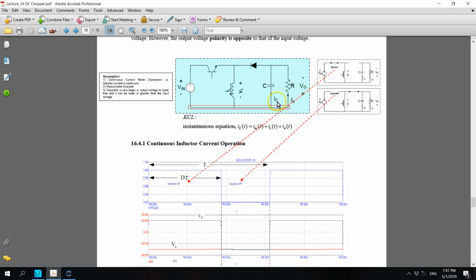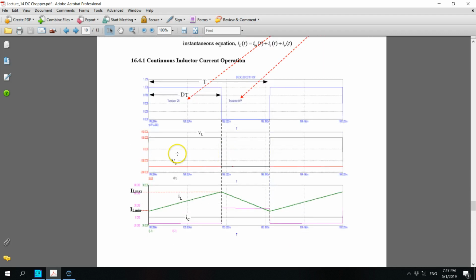There is a negative. VL equals minus Vout, whereby you have a negative output voltage impressed across the inductor, which causes the current to linearly decrease from IL max to IL min.